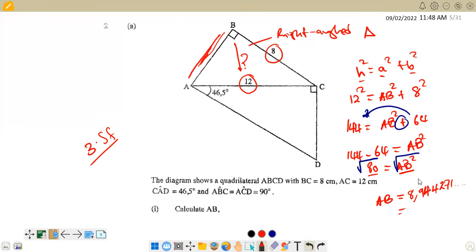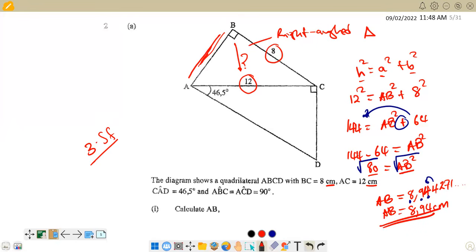AB is a side, so we give it to 3 s.f. Let's count 1, 2, 3. This 4 cannot change the previous 4, so it remains 8.94. The measurements are in centimeters, so this is also in centimeters. So that is our AB in this case.